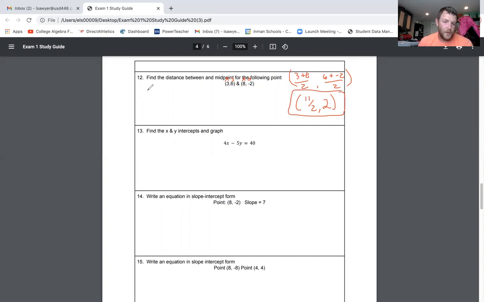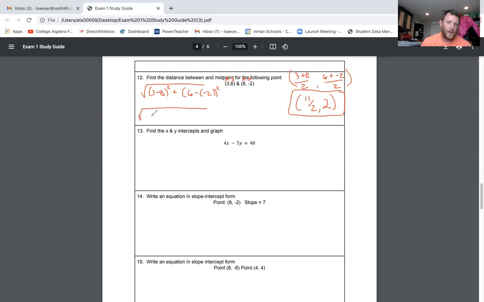Your distance. Remember, it's your radical. And it's the distance from like 3 to 8. Notice the distance from 3 to 8 is 5. Okay, and technically the formula is x minus x, so 3 minus 8, which is -5. But when you square it, it doesn't matter. Plus, and I'm gonna go 6 minus -2 squared.